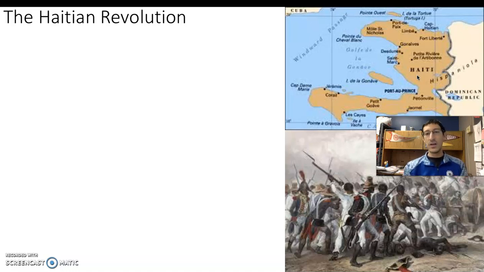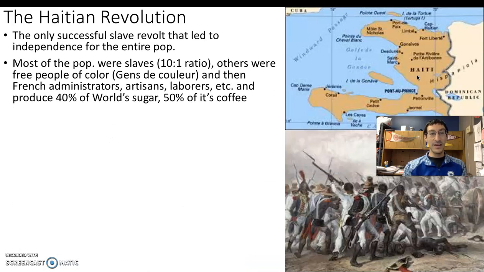But the Taino people had been relegated to a very small part because of disease and things of that nature. So we see a very large portion of slaves living in what we now know to be Haiti at this time.